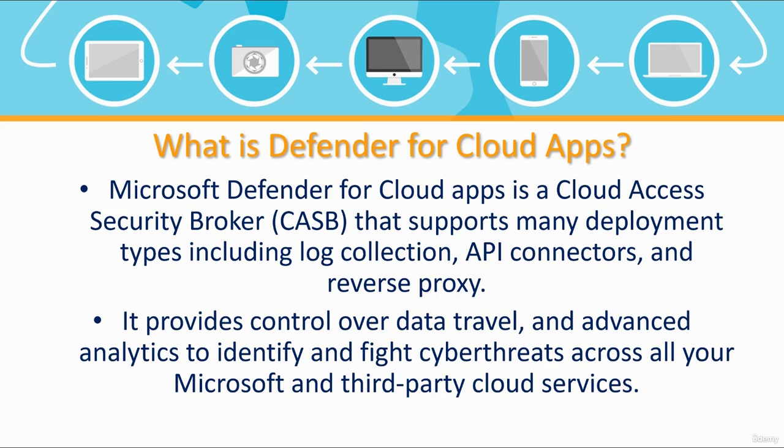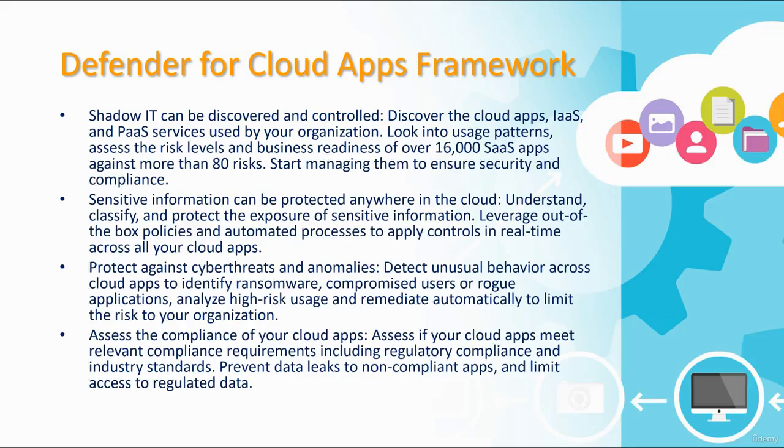However, what will happen is Defender for Cloud Apps will not let them log on to a personal OneDrive account. It'll force them to log on to their OneDrive for Business. Okay, so they wouldn't be able to use that personal side of things. They'd have to use that business account. So Defender for Cloud Apps, the framework, is specifically designed to try to stop this problem I was just describing, which is shadow IT.